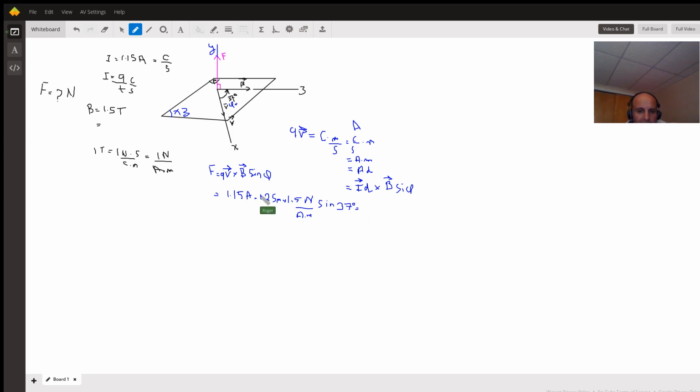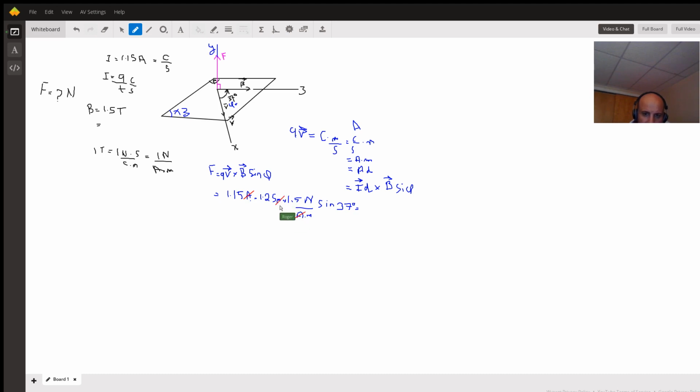Let's see what we have here. I'm going to use a different color. I'm going to use red. You can see here that ampere and ampere cancel out from the equation.